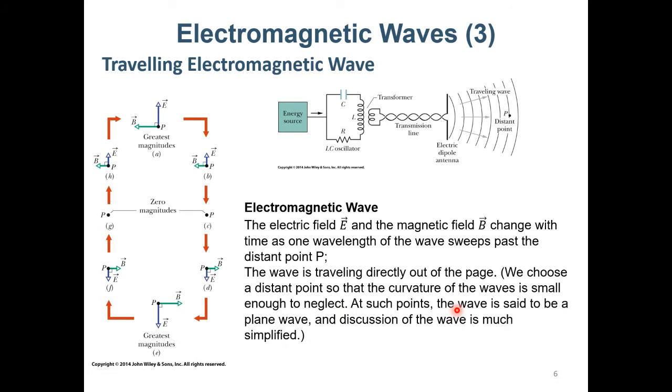At such a point, the wave is said to be a plane wave, and discussion of the wave is much simpler. It is originally a spherical propagation, but at a very far distance the sphere looks like a plane, so when we discuss the plane wave, it will be much simplified.